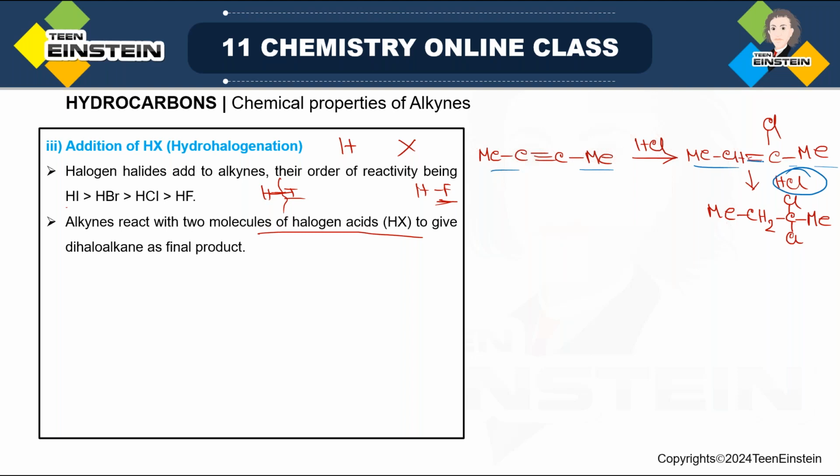Now if you consider this one, when there is addition of the first H, suppose the H is added here, that is as I have written here, it is CH2, then the positive charge will be here. And that is actually happening. The positive charge is here and you are adding one more Cl. But another possibility is there, if the H is added to the other side. Now the positive charge is here.